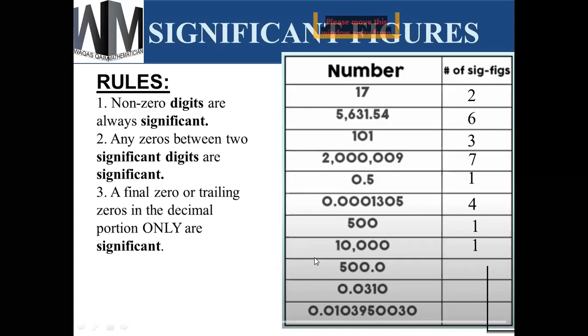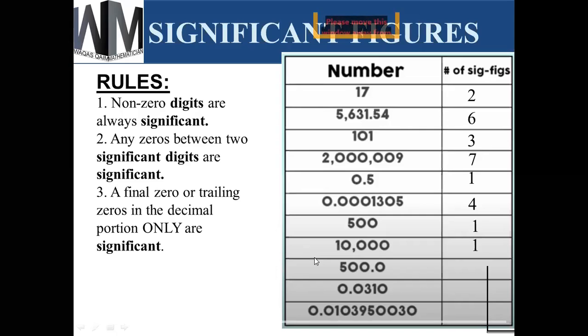Okay, now the next number is 500.0. In this one, we have a decimal. And for decimal numbers, we have rule number 3. In rule number 3, the trailing zeros in decimal numbers will be counted as significant.